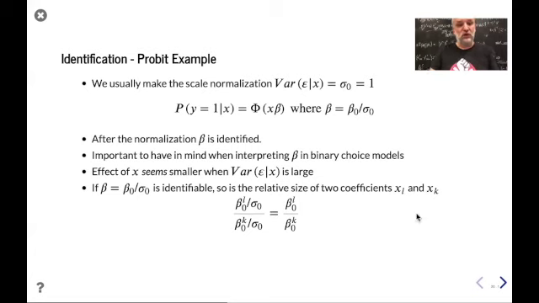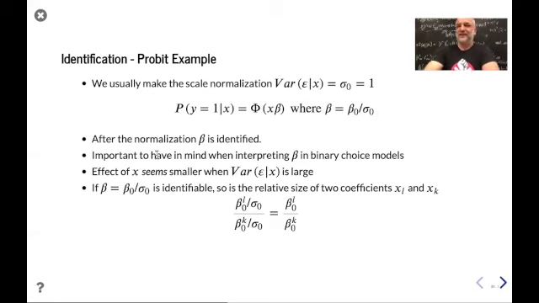So what we usually do is make this scale normalization, and then after the normalization, beta is identified. Okay, so we essentially just assume that sigma naught is equal to 1. Then sigma just disappears everywhere, and we don't worry about it.